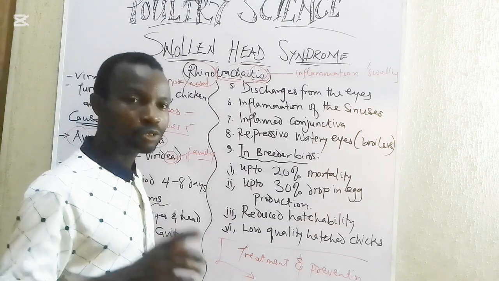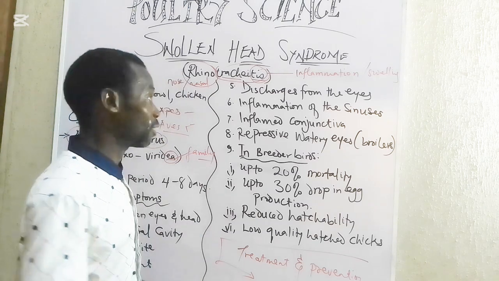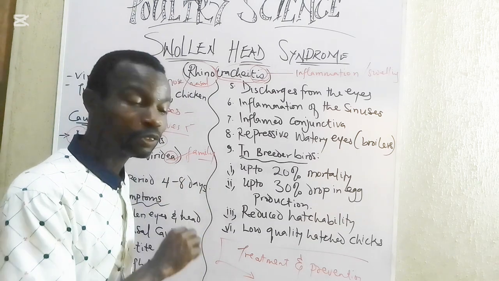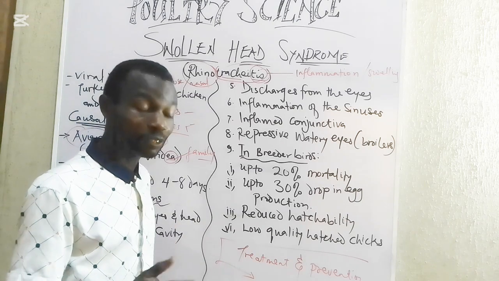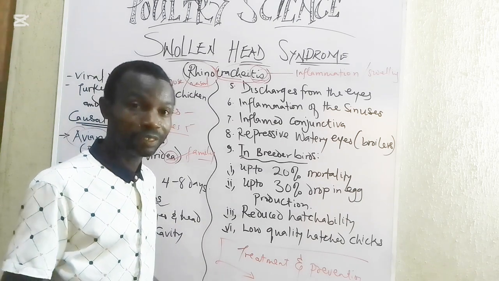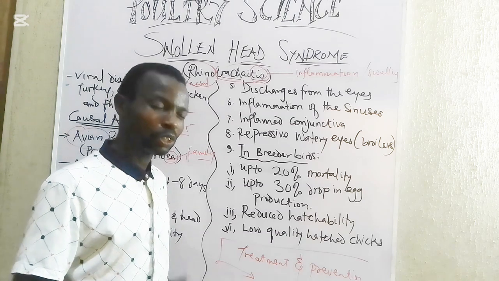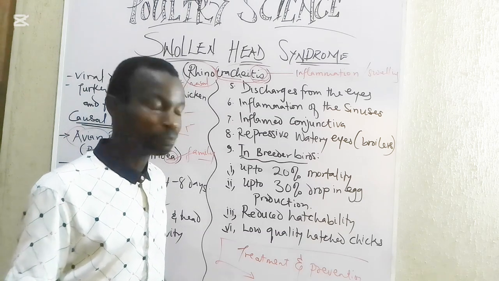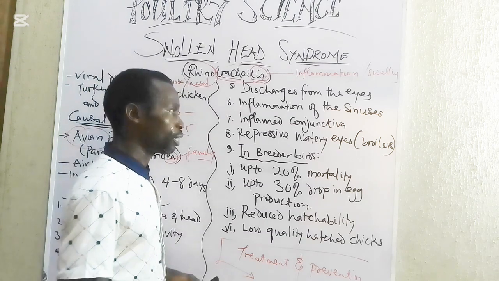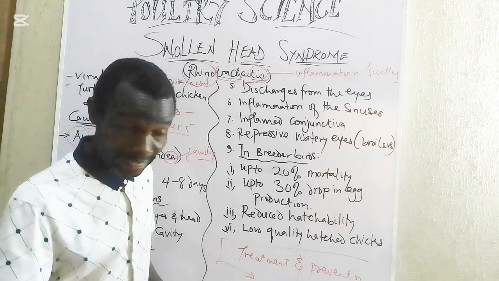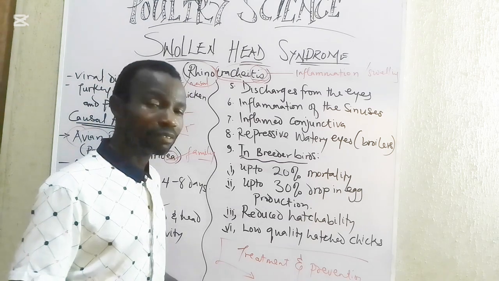Now, another category of chicken. One of the things I've majored on here is chicken, because chicken is more commonly reared, especially in this part of the world. Now, that's not neglecting other parts, but chicken is mostly reared. You have the broiler chicken, you have the layer chicken. Amongst them, you have the breeders.